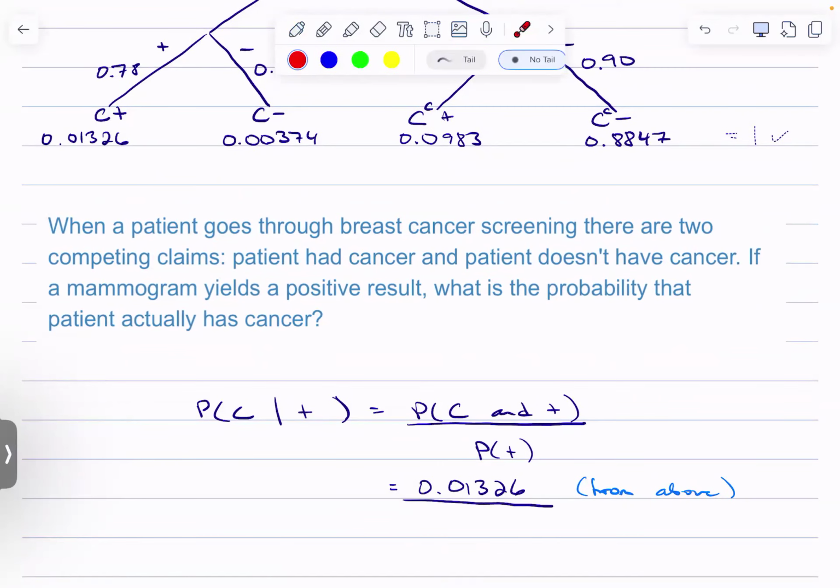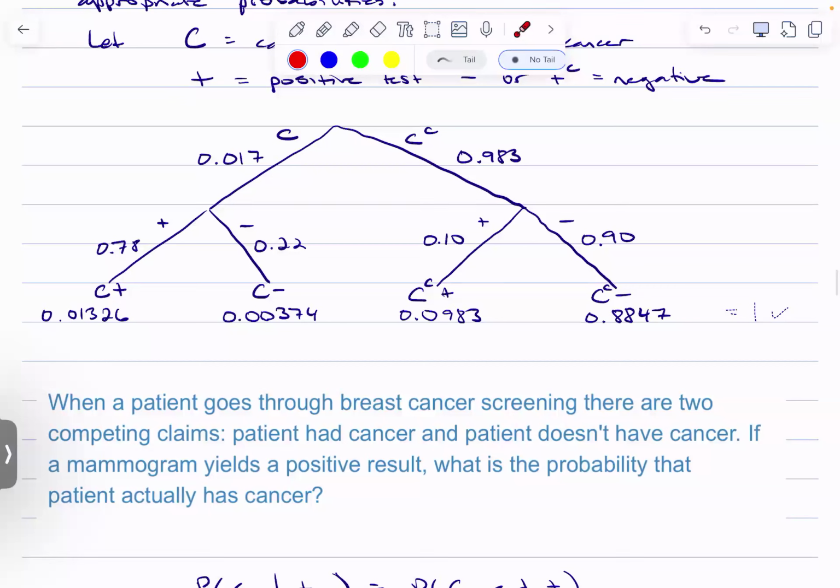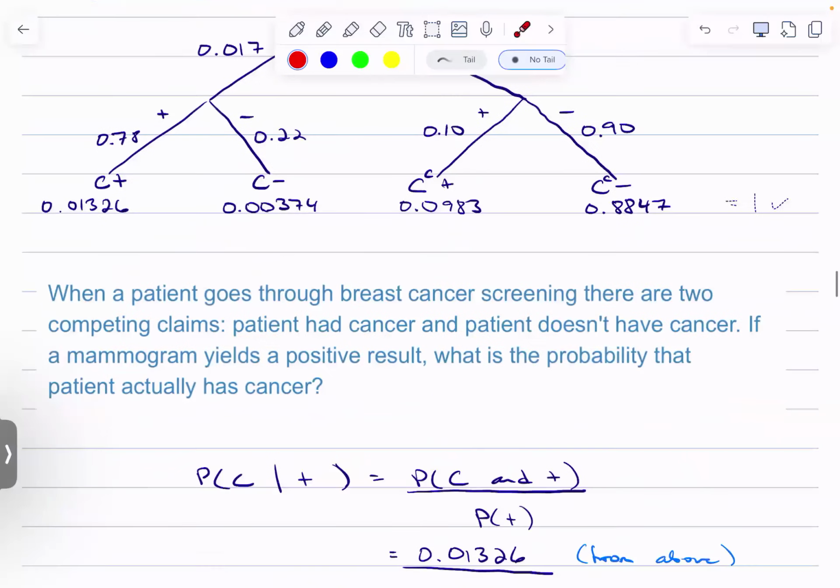The probability of testing positive. We have two branches where that can happen. I can test positive if I have cancer, but there's also some probability, in fact the probability is 0.0983, that I test positive even if I don't have cancer. So the probability of just testing positive overall is going to be this or this, and you need to take that into account.